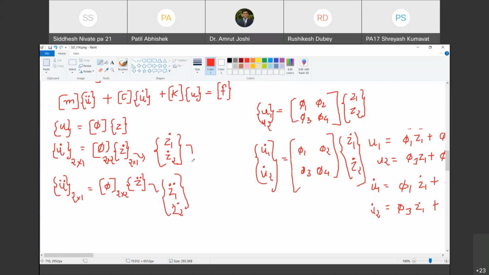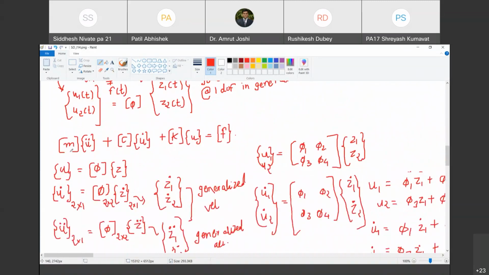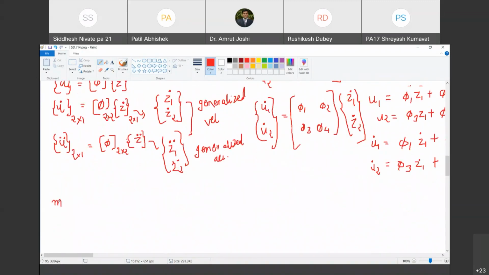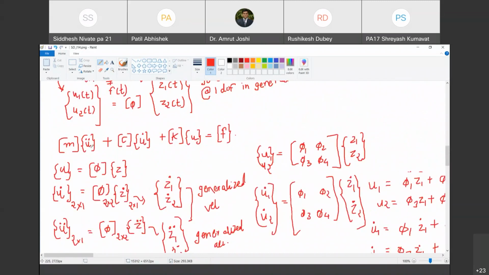So these matrices are matrices of generalized velocity and generalized acceleration. Are you with me? Yes, sir. Having said that, now let me plug these elements into the governing differential equations. So what do I get? What am I going to substitute for u double dot?